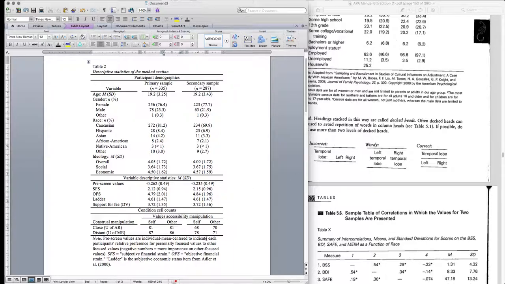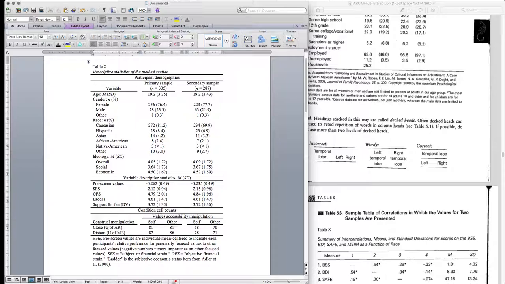One thing to keep in mind is that, especially now with the ability to do online supplementary materials, over-reporting is better than under-reporting, because maybe 97% of people don't care about what your actual cell counts were when it's broken down by two separate conditions.